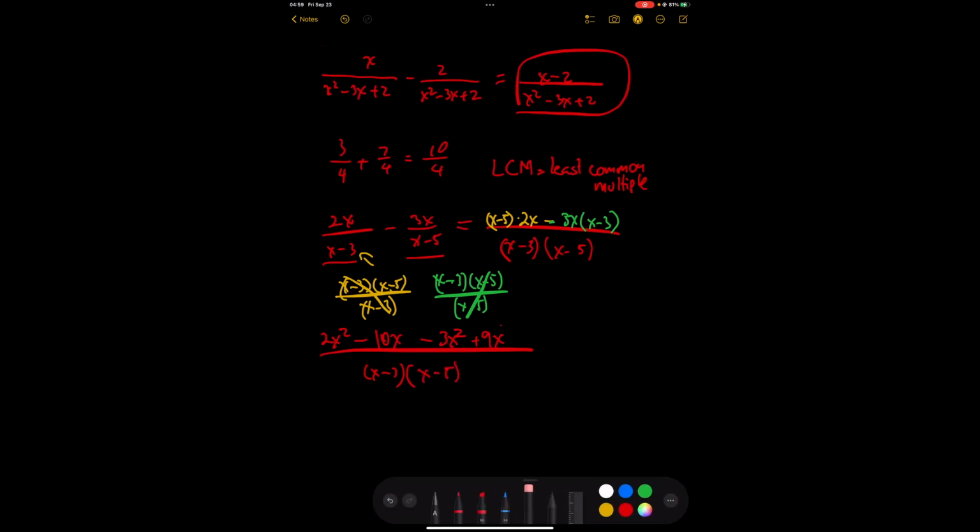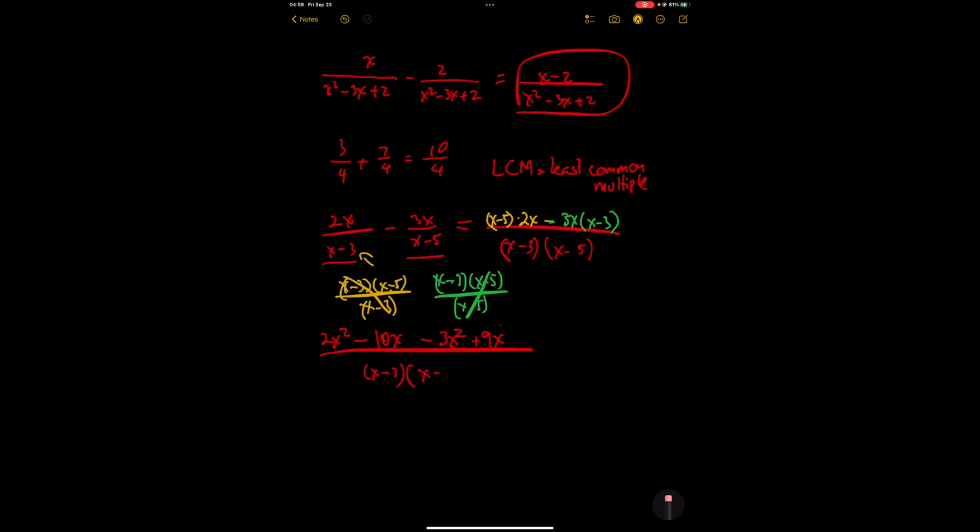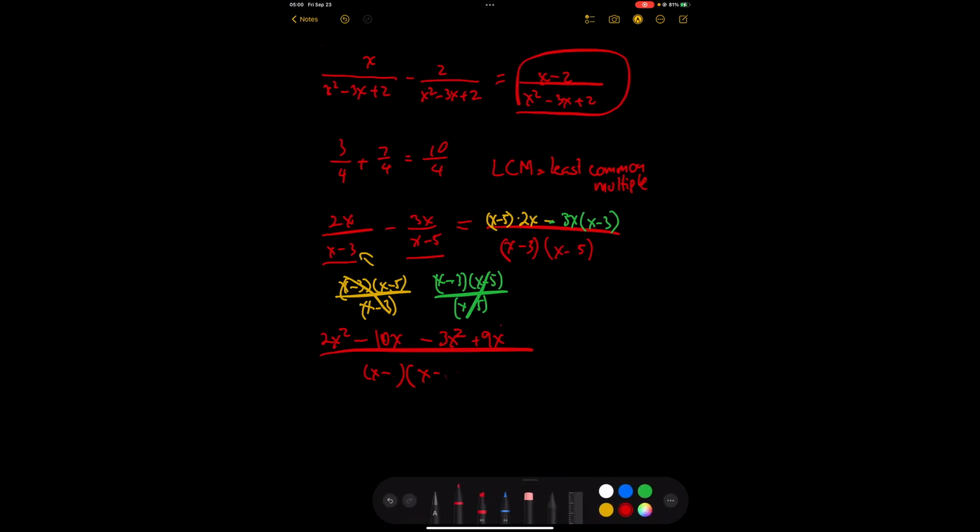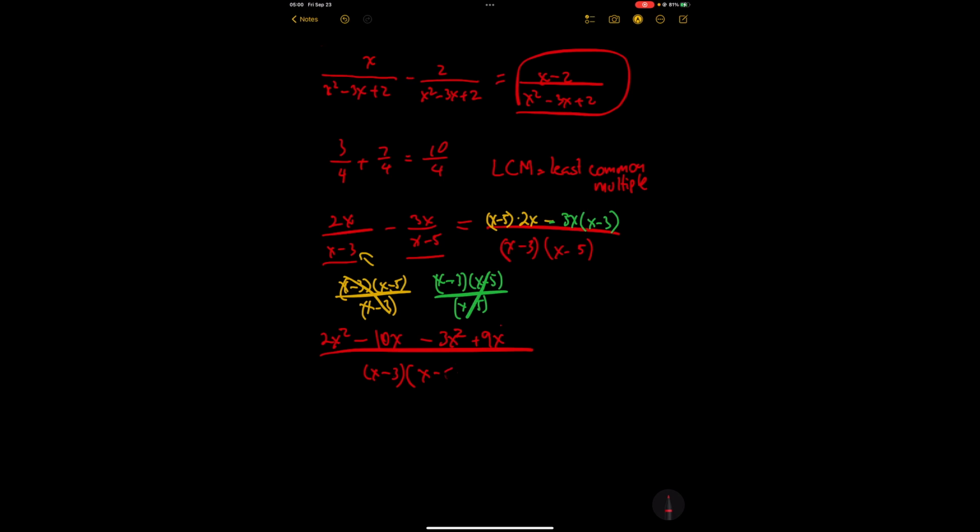So 2x squared minus 3x squared is equal to negative x squared, and negative 10x plus 9x is equal to negative x, and that over x minus 3 times x minus 5. And this is your answer.